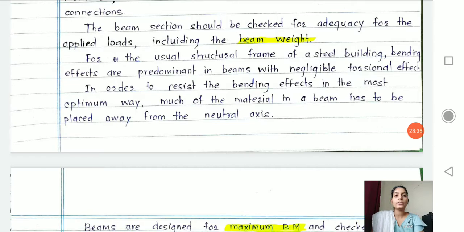Because in order to resist the moment, the bending moment effect taking place in the beam, that will be resolved in which way? If we place all the material away from the neutral axis.